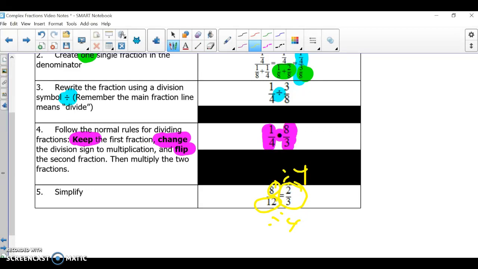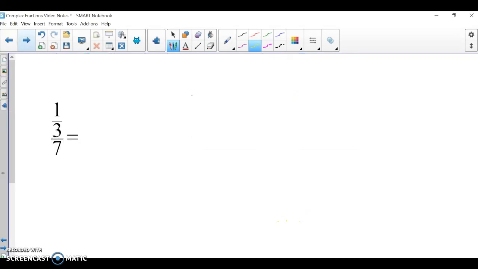So now that we've looked at the steps, let's actually put them to use. In this first problem, it is complex because we have a fraction on top and a number on the bottom. However, you notice that this one already has a couple steps done. Step 1 is to make sure there's only one fraction on top. Got that. Step 2 is to make sure there's only one fraction on the bottom. There's only a number on the bottom, so I got that. So now for step 3, we're going to rewrite this so it's more familiar.